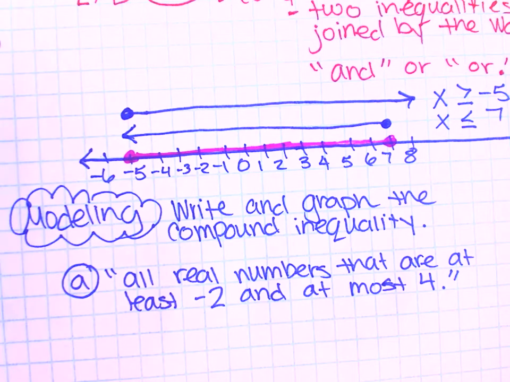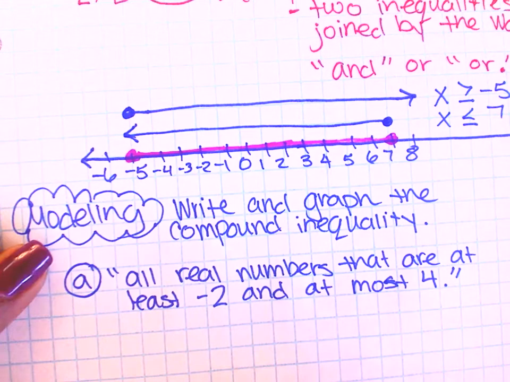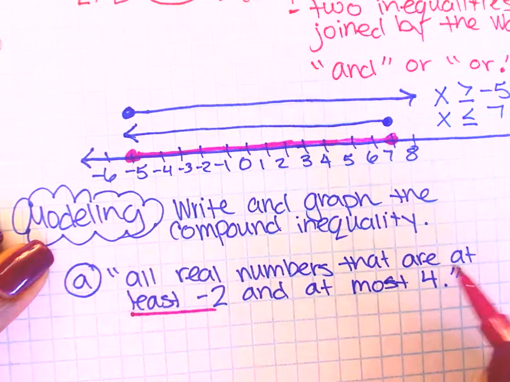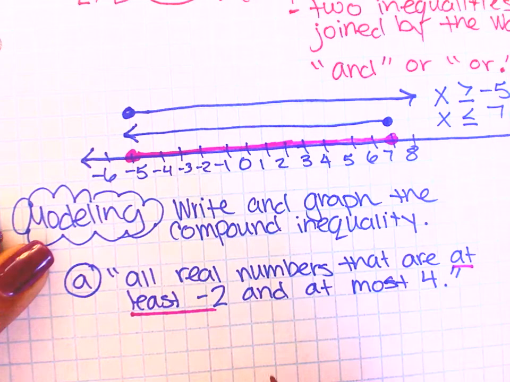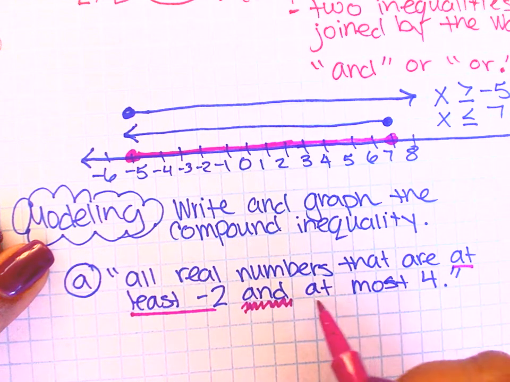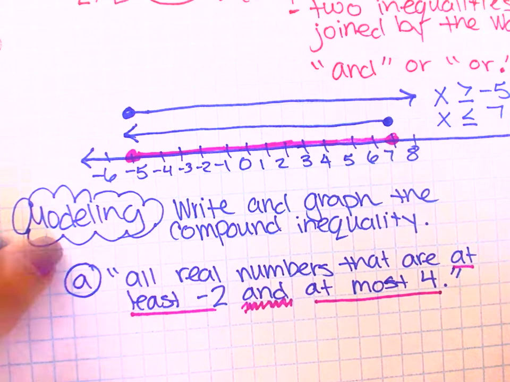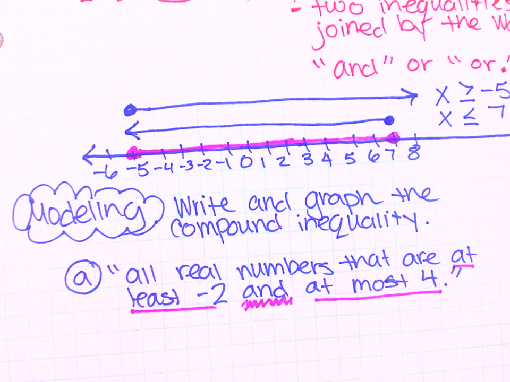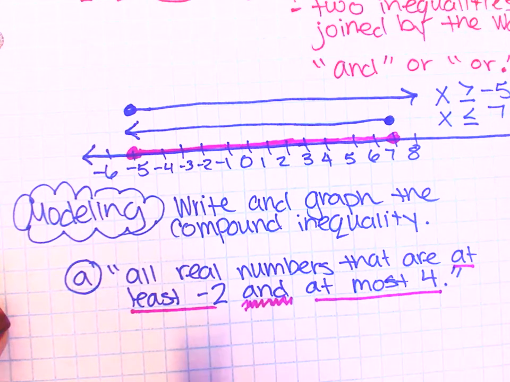So when I go back and look at this problem, I know that it's at least -2, and there's my keyword right here, at most 4, so it can't be any more than 4. So how am I going to write that as an inequality? Let's look at the first one, at least -2.